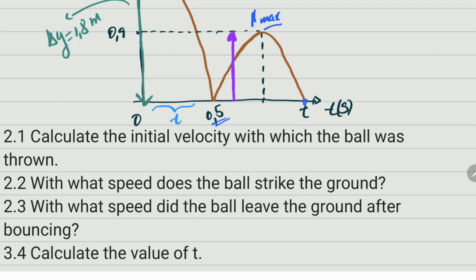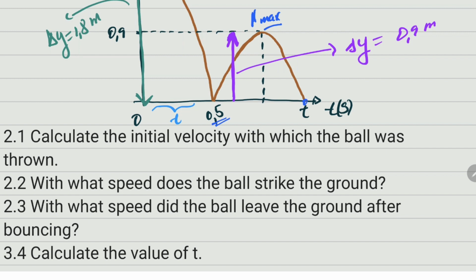This one is the new displacement of the object at the maximum height, which is equal to 0.9 meters. It's upward. So I'm not going to write the direction right now, but you can see the arrow which is pointing upward.